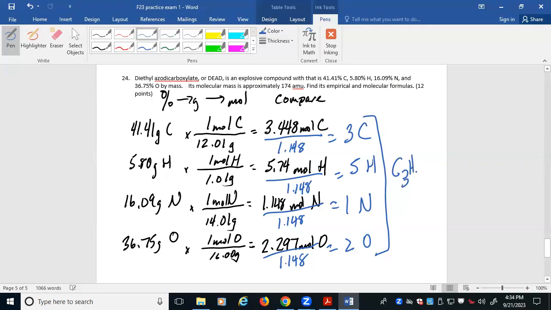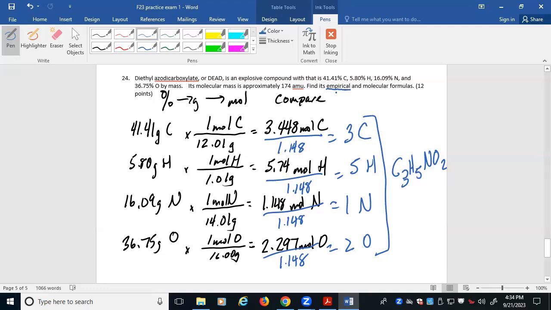So C3H5NO2 would be the empirical formula here. That satisfies this part of the problem.